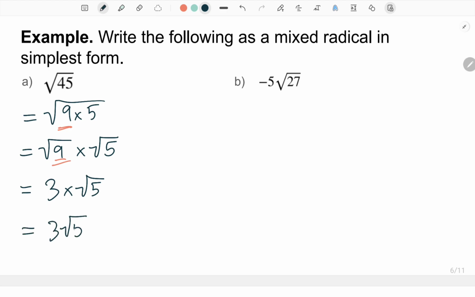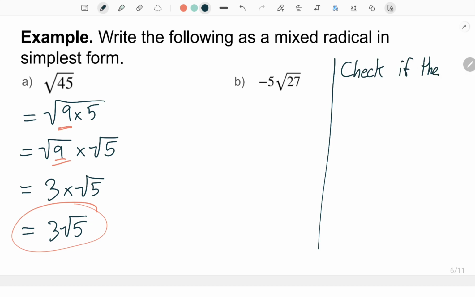You write them next to each other like this, 3 root 5. That indicates multiplication between the two. So this is the mixed form of that above entire radical. Okay, and that brings up the key point. I chose 9 because it had a nice square root, and I'm just going to write this over here. So essentially what we do is we check if there's a perfect square.